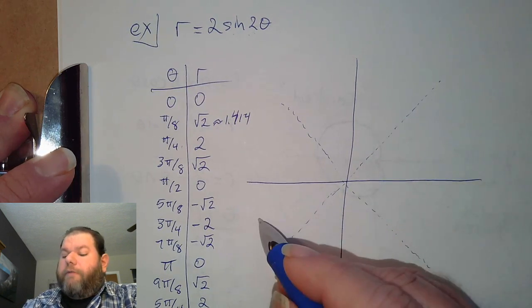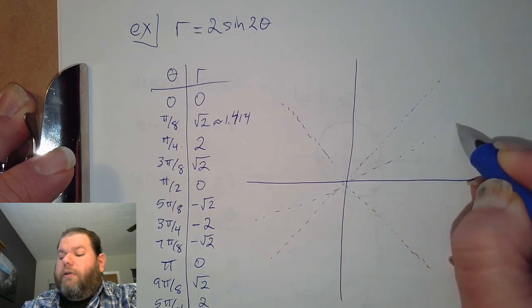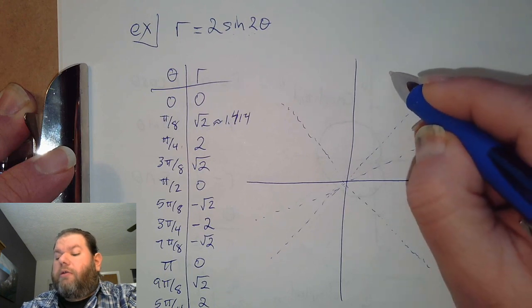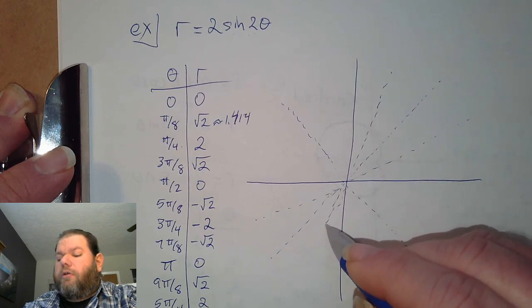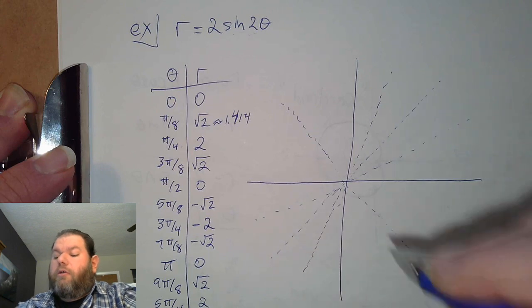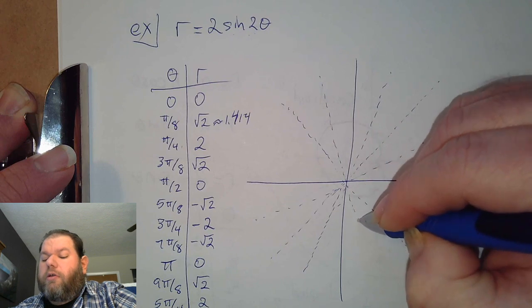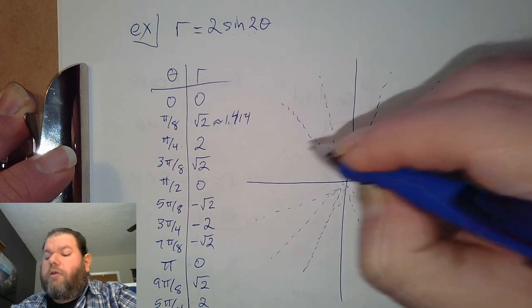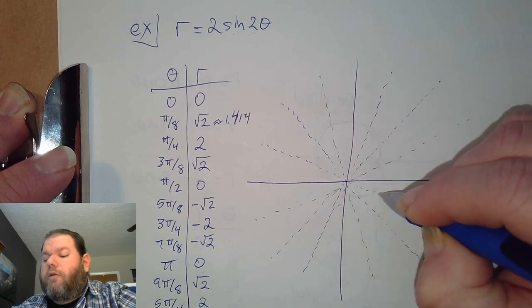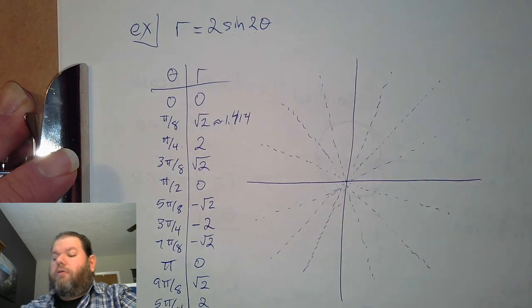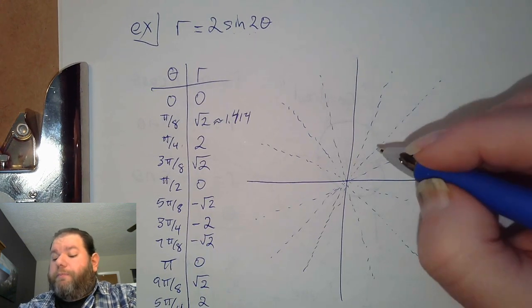We also have the pi over 8s, which splits the difference between these. We need radii at 1 and 2.